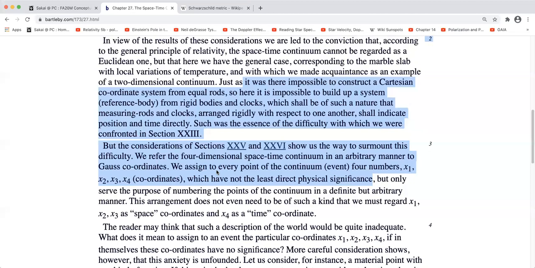But in general, when you do have gravity present, one speaks about having these 4 coordinates to specify the space-time event, and they're again called Gauss coordinates or Gaussian coordinates. And he makes a curious remark that these 4 numbers have not the least direct physical significance, all right?